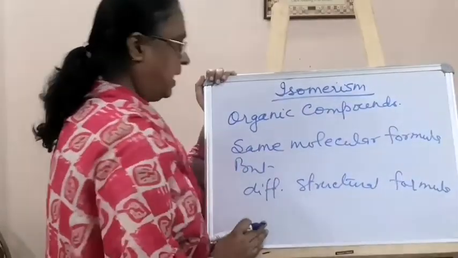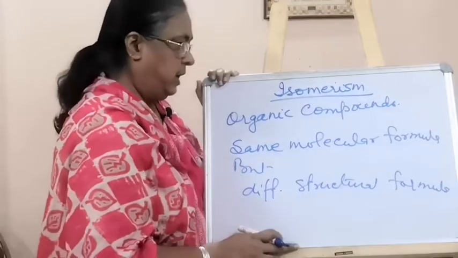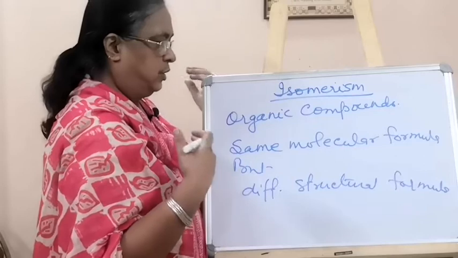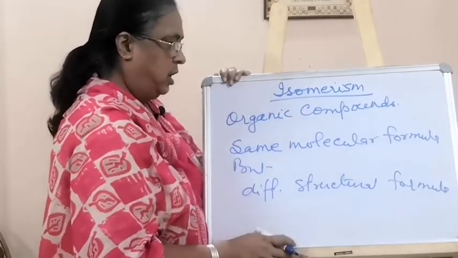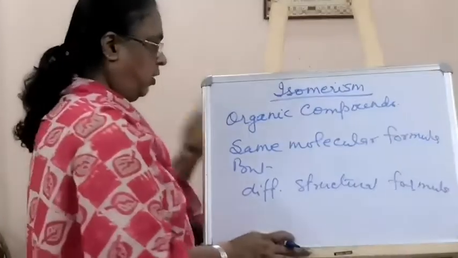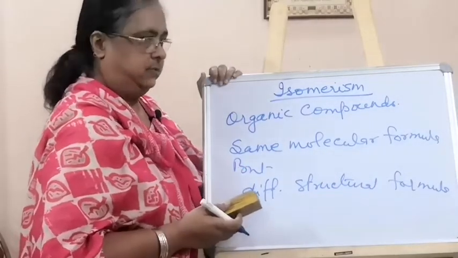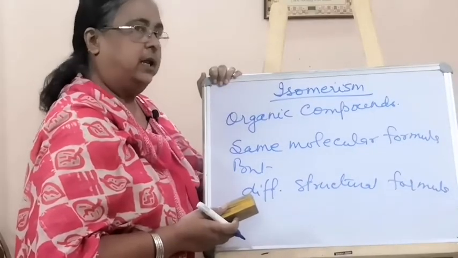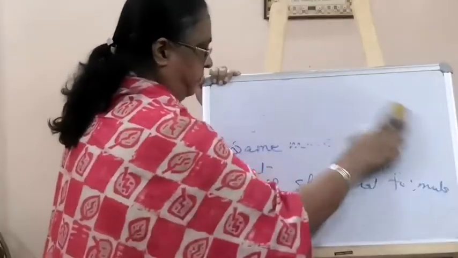Since the structural formula is different, their chemical and physical properties will be different. So these are 2 or more different compounds having the same molecular formula. Molecular formula same means the type of elements present will be the same, and the number of atoms of each element will also be the same.